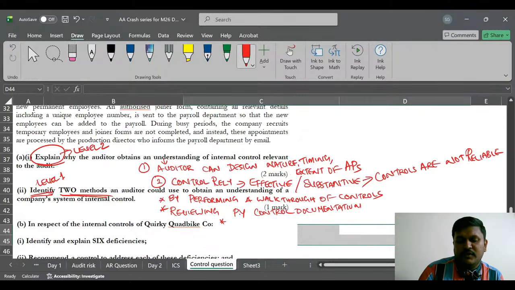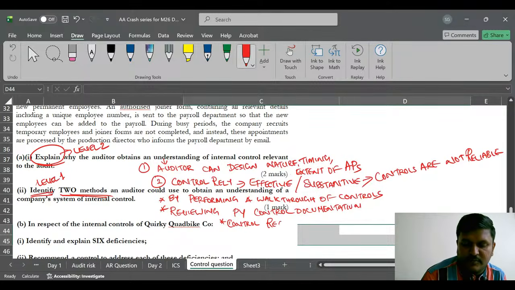Or I could get a third one over here. The third one would be simple: management letter points, or control recommendations made in the last year. Where you make the control recommendation, this will be done through a management letter.